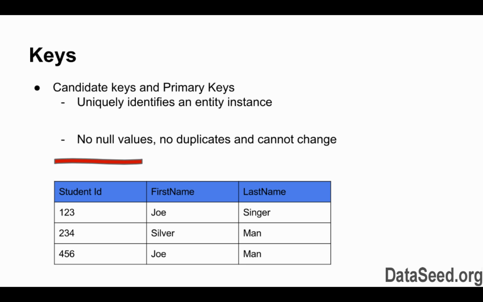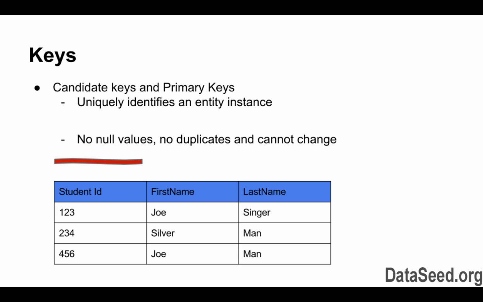The next element is first name, and we can see that the first name is repeating. Joe is appearing twice. So it fails the criteria of being unique, and that is why it cannot be a candidate key. Same goes for the last name. It also has duplicates. So the last name also cannot be a candidate key.